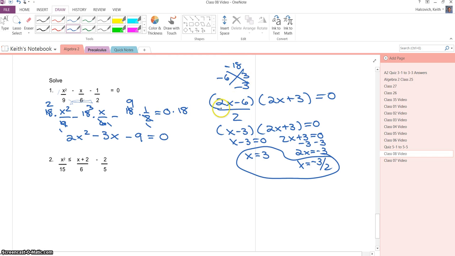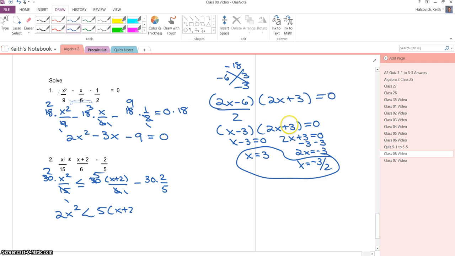For this one here, the common denominator would be 30. So 15 goes into 30 twice, so you get 2x squared. 6 goes into 30 5 times, and 5 goes into 30 6 times.